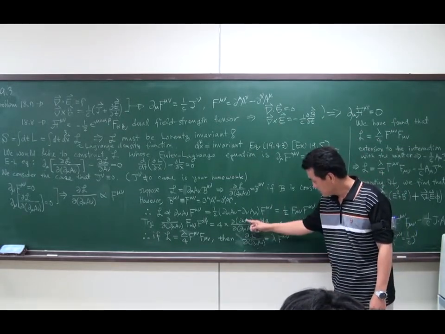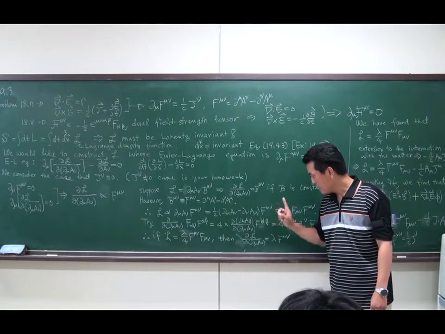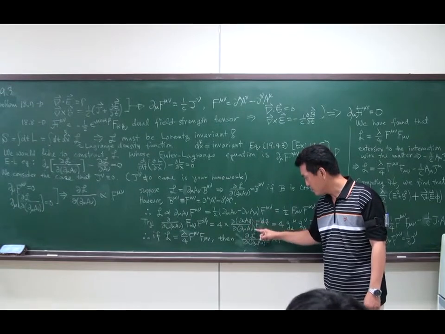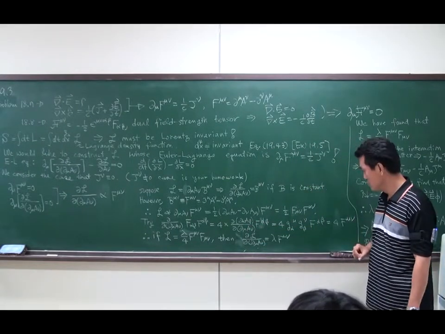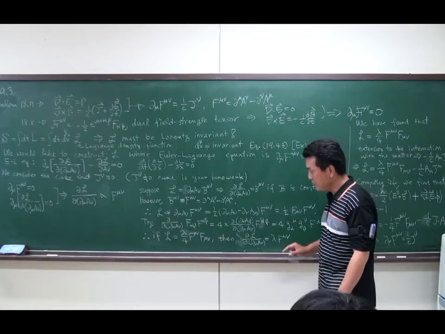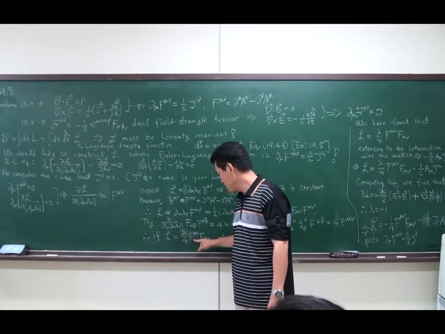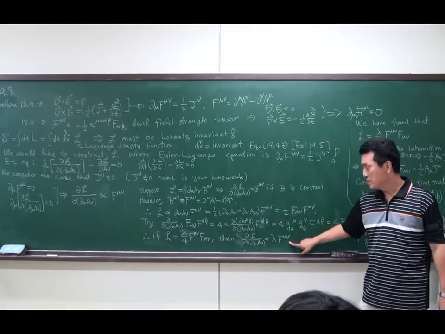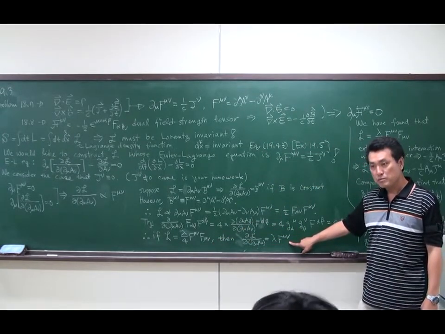This derivative is non-zero, and actually 1, only if alpha is equal to mu and beta equals nu. So the answer is 4 times F^μν. So if the Lagrangian is 1/4 of F_μν F^μν, then the conjugate momentum is F^μν times something.